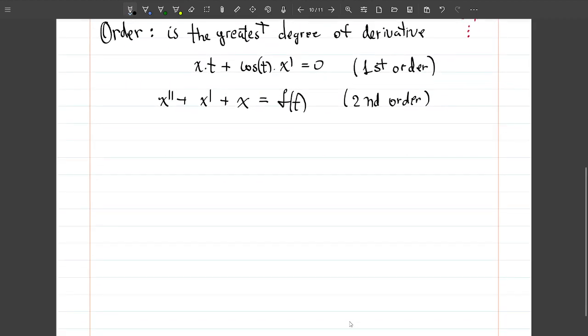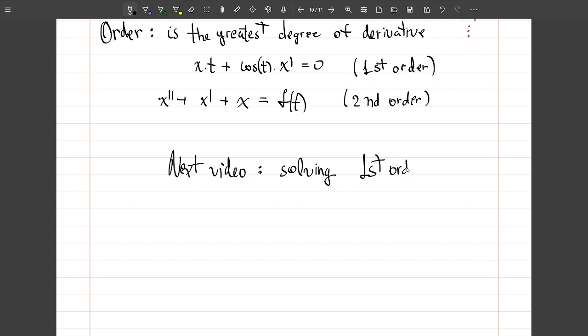But for now, I just want to say that in the next video, I will cover solving a first order linear homogeneous equation. Then after that video, I can talk about non-homogeneous first order.